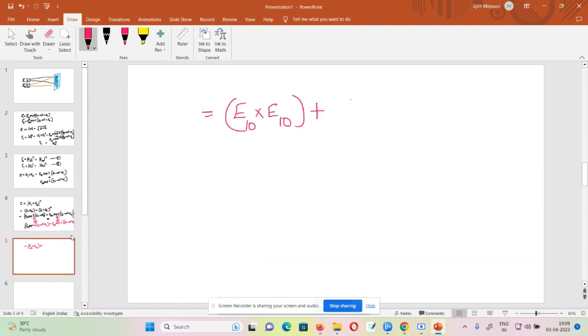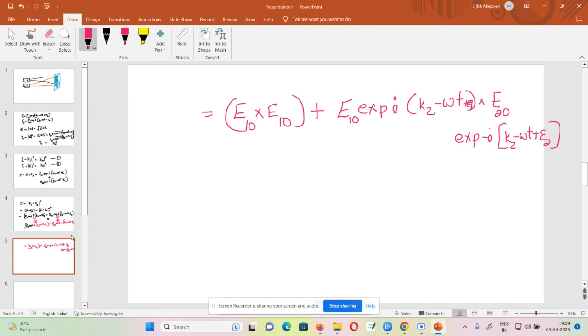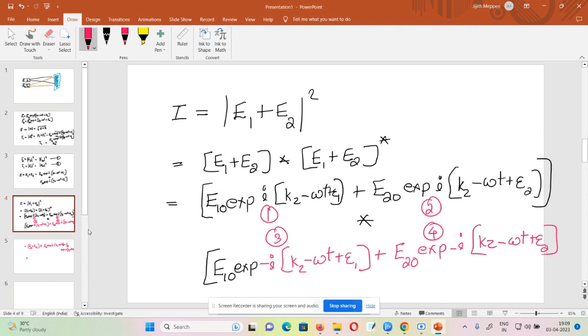So E10 exponential i(kz − ωt) into E20 exponential −i(kz − ωt + ε2). This will be the second term. Plus the third term, 2 into 3: E20 into E10, exponential i(kz − ωt + ε2), with the conjugate of the first term.